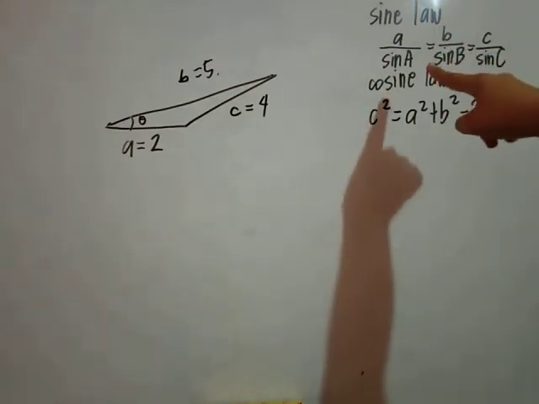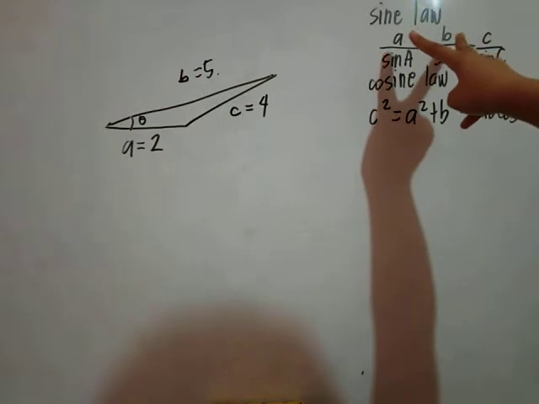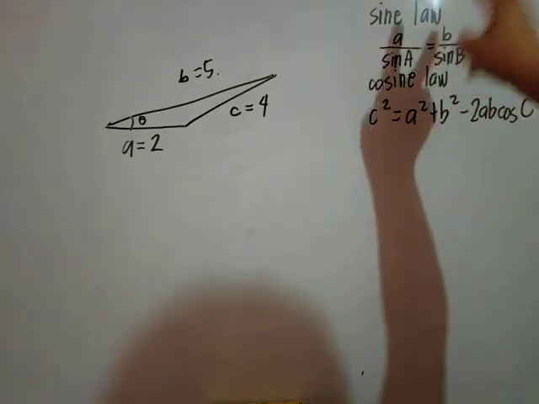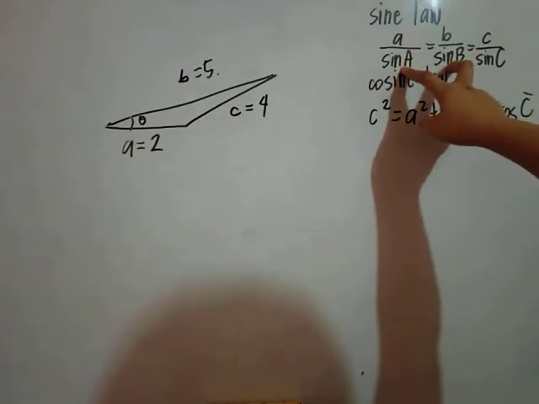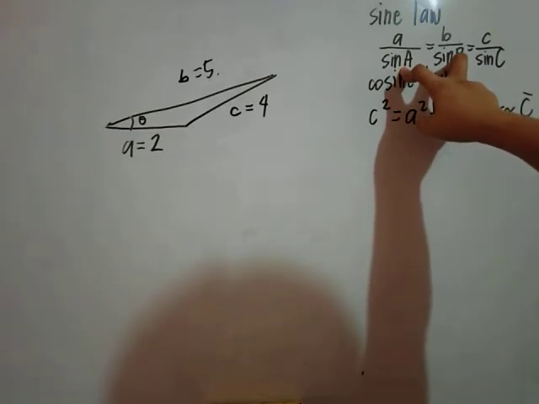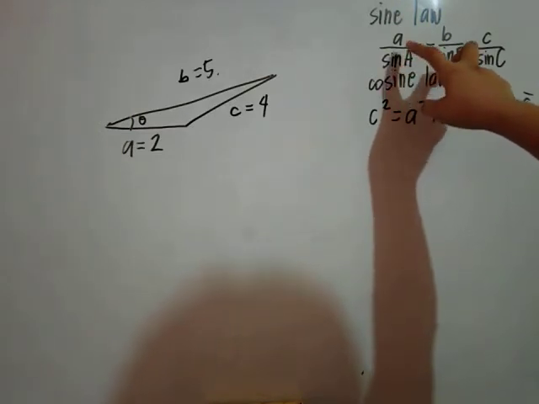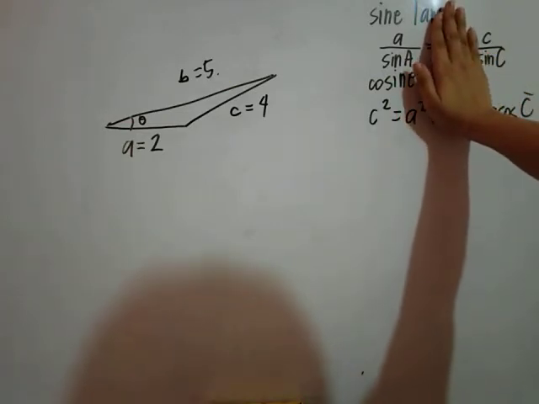Paano ba ginagamit itong sine law? Dito, ang advantage ng paggamit kay sine law, halimbawa, ang involved is dalawang side and then dalawang interior angle na opposite sa kanya-kanyang side na yon, na A and B. Halimbawa, meron kang A at C, ito lang yung pag-i-equal mo.